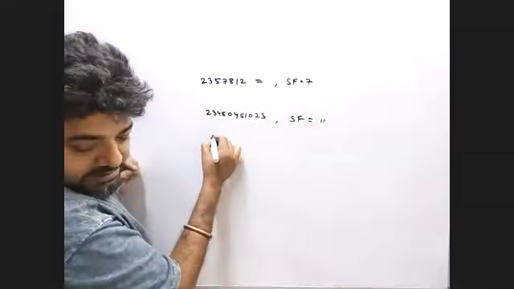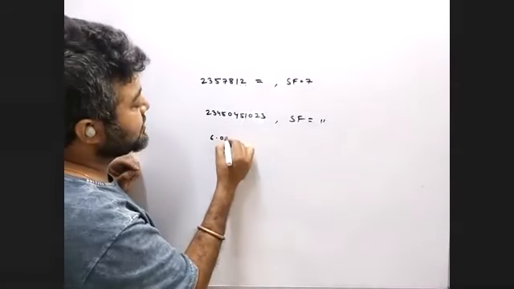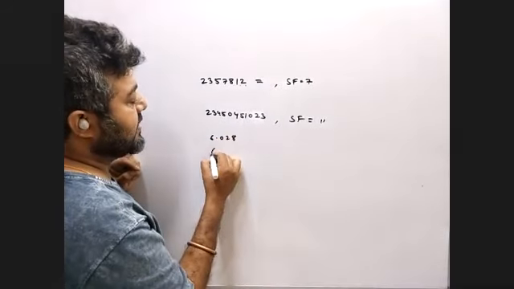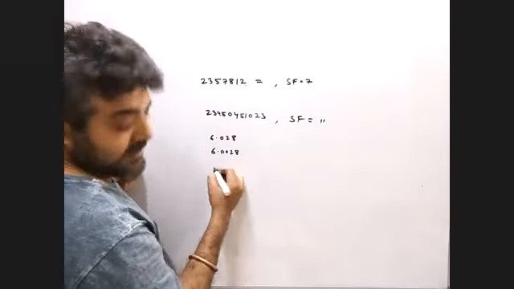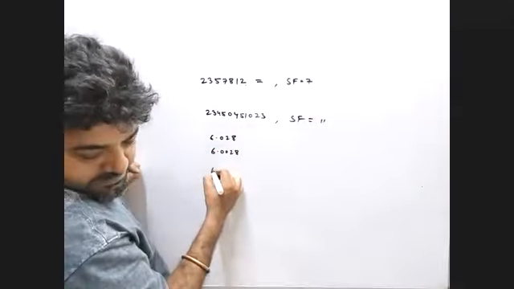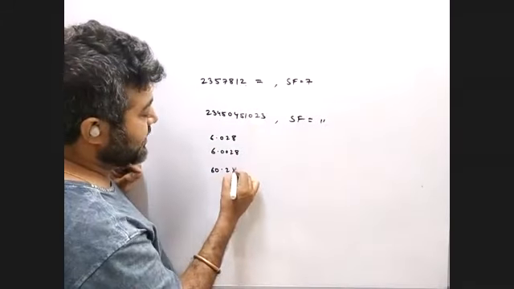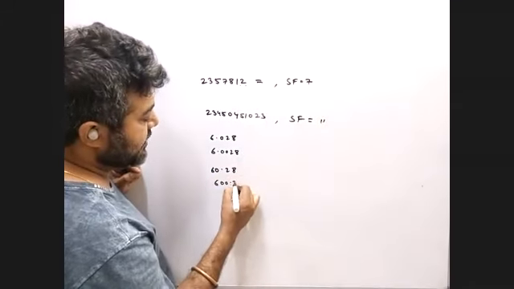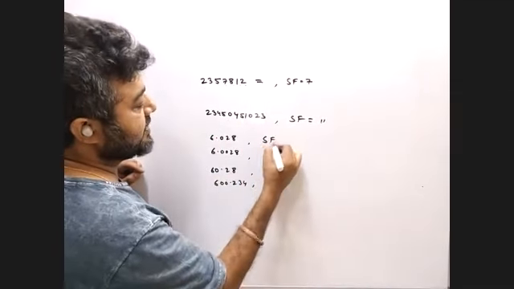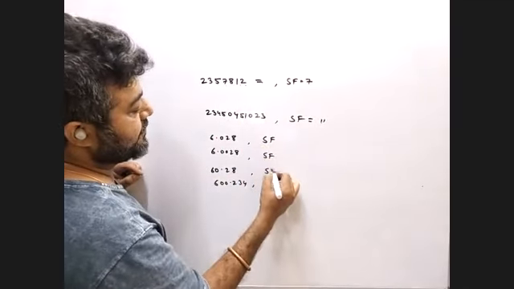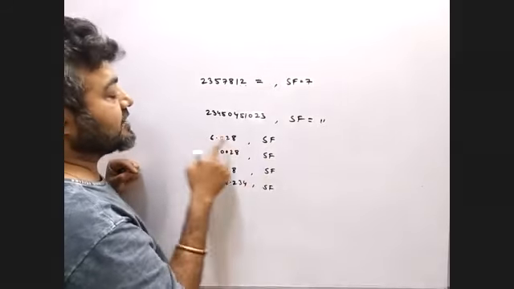If we write 6.028, if we write 6.0028, if we write 60.28, 600.234, tell me, how many significant figure? See, what is zero here?